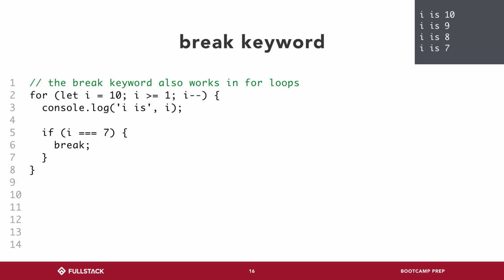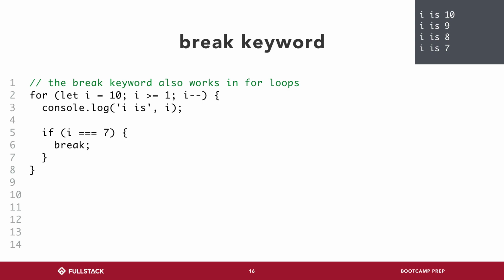Yes. And name? John. John. So, is break basically just like, I made a mistake, I want to change something, but I don't want to go back and fix it originally? Because for the other one too, and for this one, if you put i greater than 7, you wouldn't have to put the break. Or is there an instance where you would? Yes, you're correct. We're just trying to demonstrate it here, but it's more likely you're going to use those keywords when you have some set of dynamic data and something could go wrong and you want to get out of that loop, or you hit some edge case.